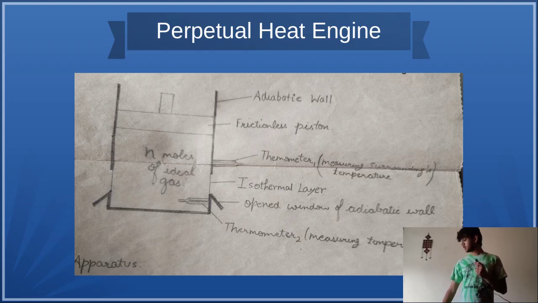Note that there would be no exchange of mass or gases between the surroundings and the system. The only exchange that would happen is when I open the window, and this isothermal layer is exposed, and then the heat from the surroundings can come inside the system and just do what heat does, make other things hot.